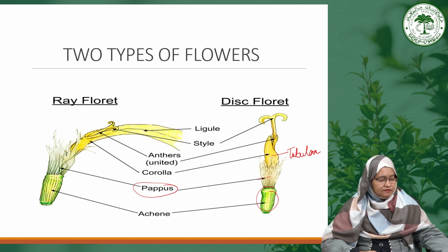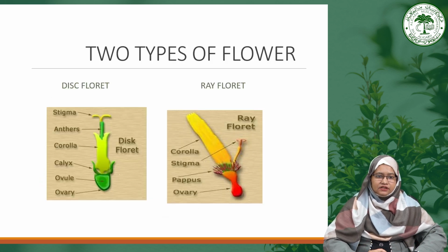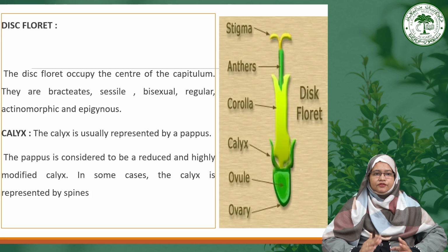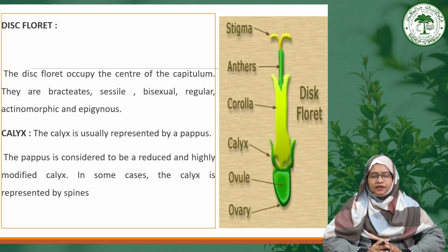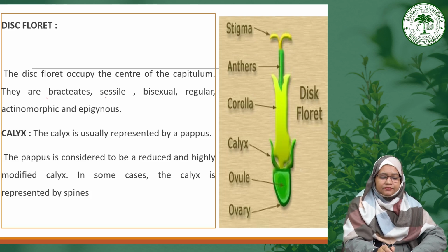These are the two types of flower which are present in the Asteraceae family. So you can see here the inferior ovary and pappus. If you start with the disc flower, as I have told you, the disc flower occupies the center of the capitulum in general, but sometimes the head is composed only of disc flowers. These flowers are bracteate, sessile, bisexual, regular, actinomorphic and epigynous.